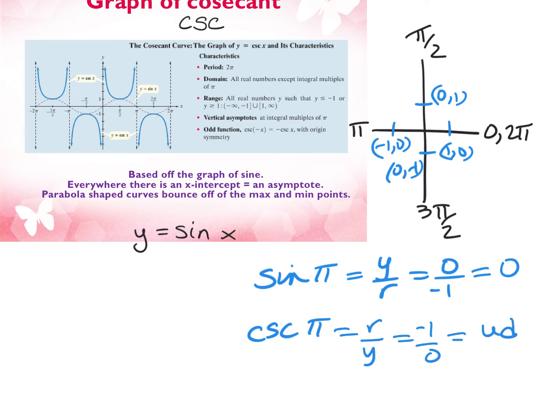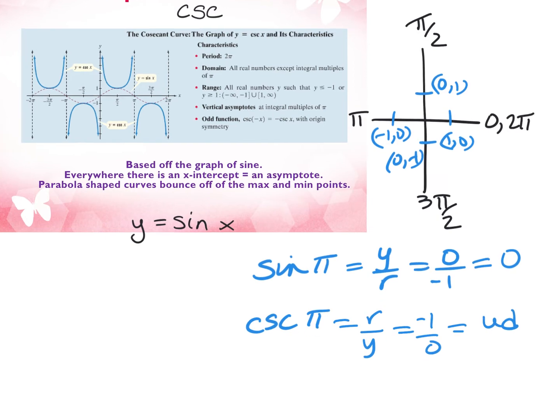So remember, whenever the value of the angle gives an x-intercept on the sine graph, for the cosecant graph it's going to be undefined, and we're going to have asymptotes located at all of these undefined points. You can look at the same thing for sine of 0.